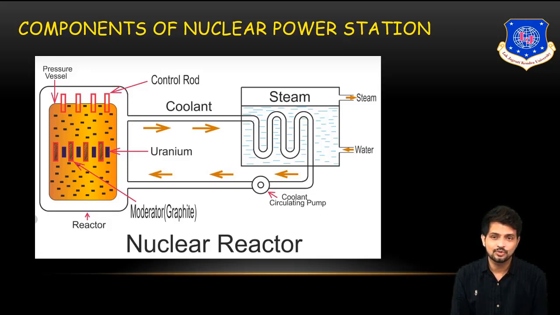Which process is used in the nuclear reactor? The nuclear reactor is helpful in creating the nuclear fission because we are using uranium as the fuel.